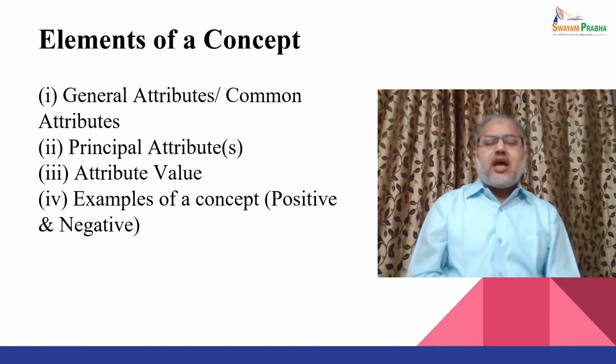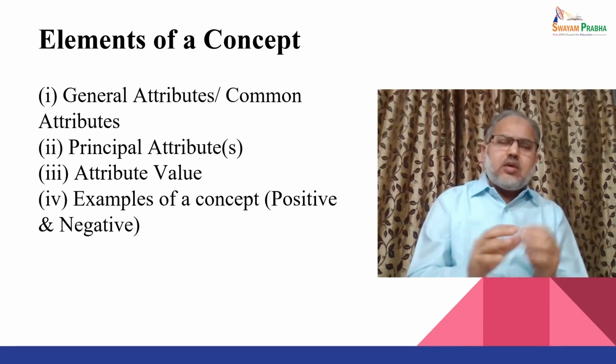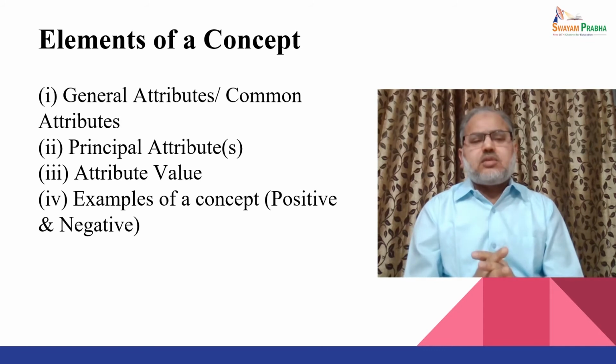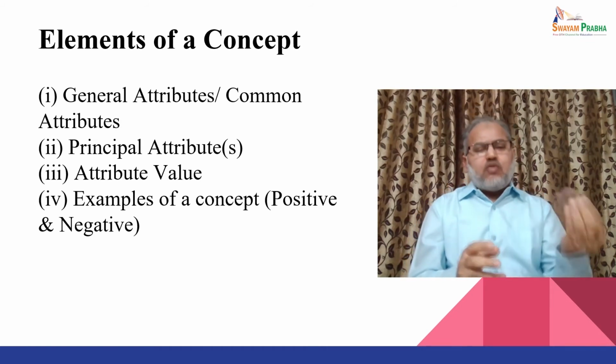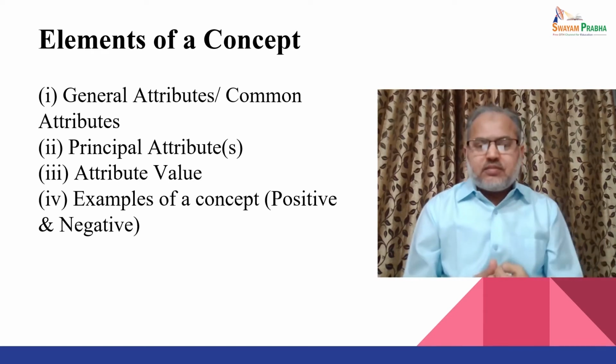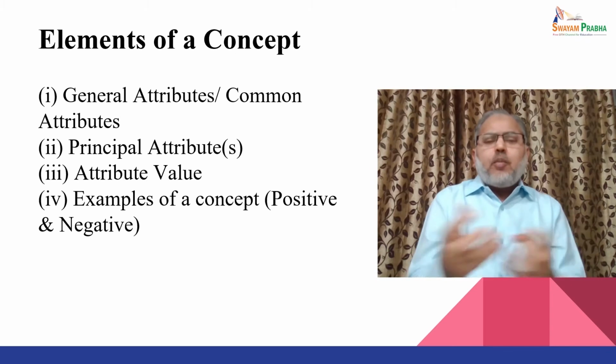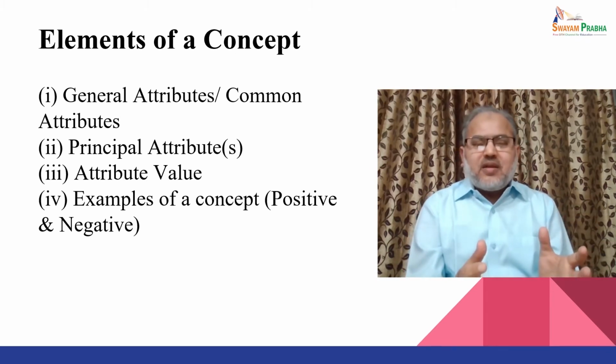Number one is general attributes, or common attributes, of a concept. Many concepts have common attributes. For example, water has weight, and wood also has weight, iron also has weight. So weight is a common attribute for all these things. This is a general attribute.